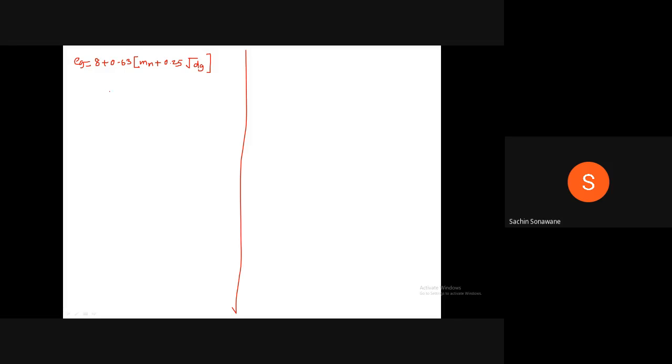Now this pitch circle diameter of the gear we do not know, therefore calculate dg. dg is equal to mn into zg upon cos of psi, which is equal to 5 into 70 divided by cos of 22.91. Calculate. 379.9 mm.